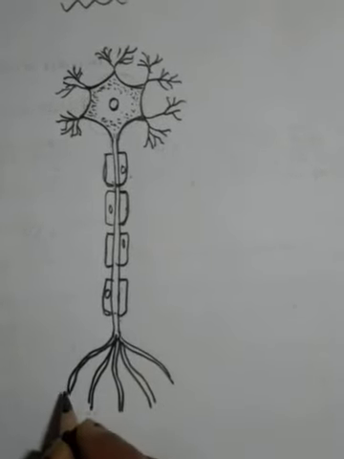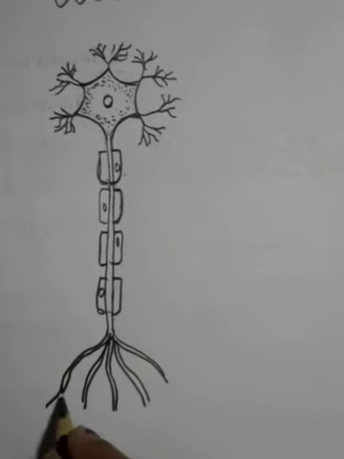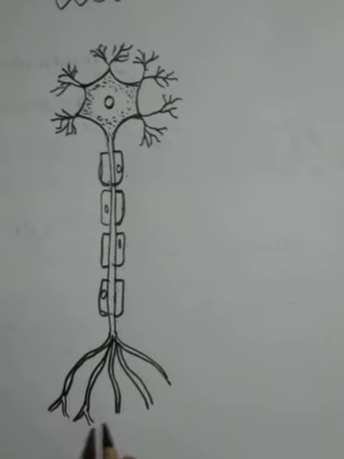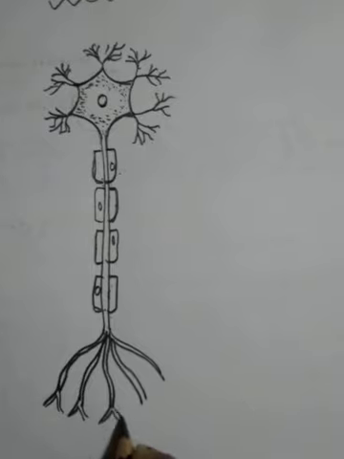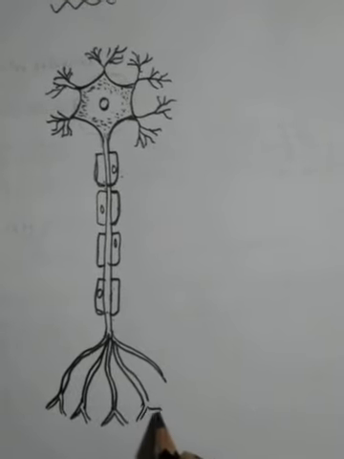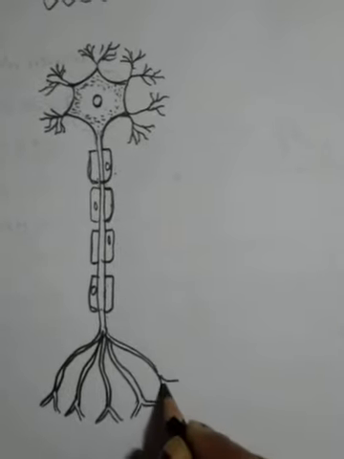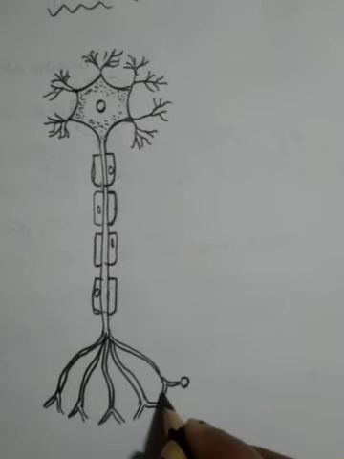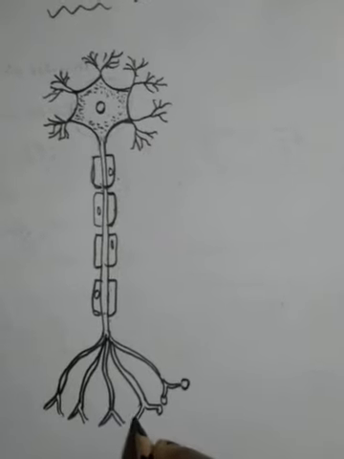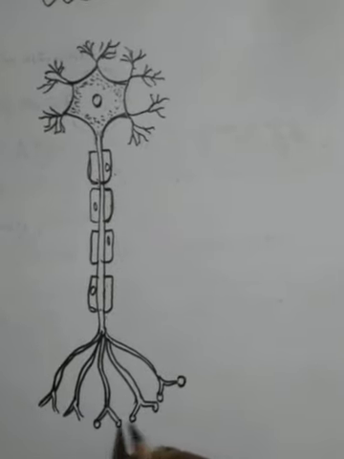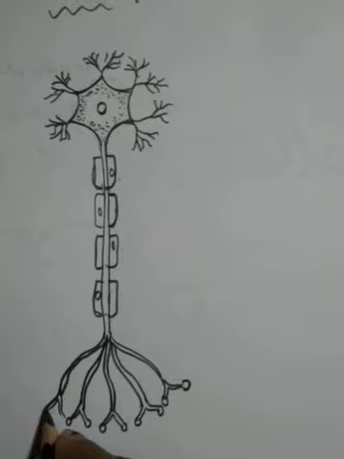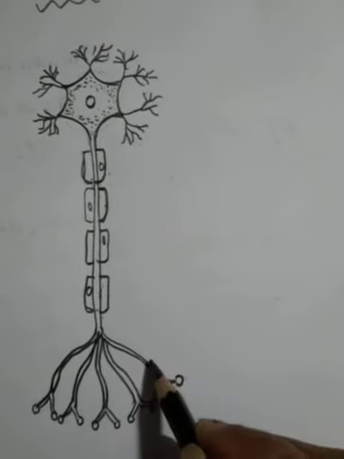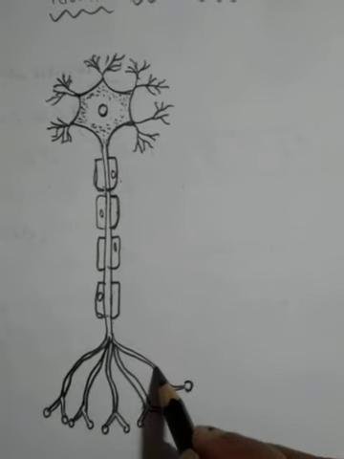So at the end of this, some knob-like structures will be present. Actually, these parts are called the axon terminals.